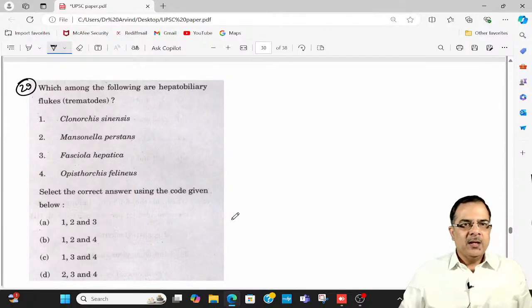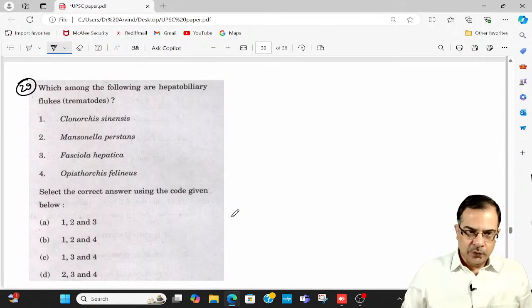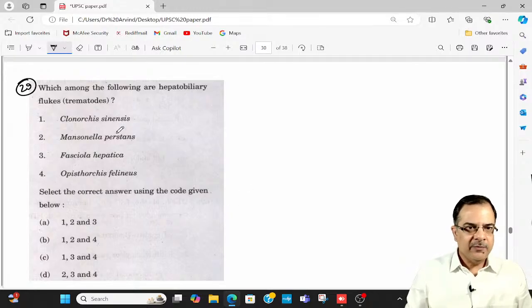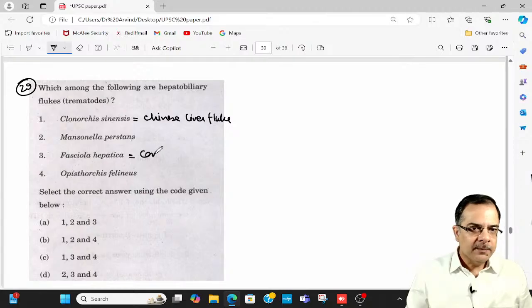29. Which among these are the liver flukes? Out of all these, all are liver flukes. A option is the Chinese liver fluke. This is the common liver fluke.